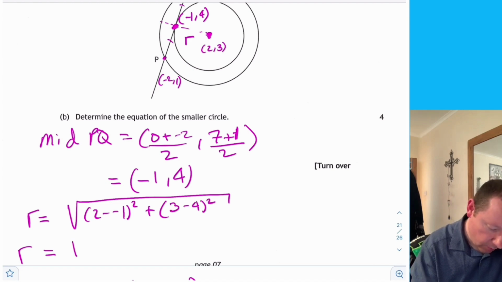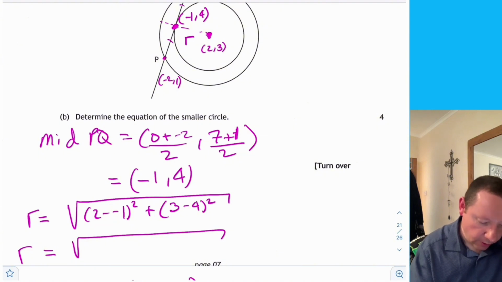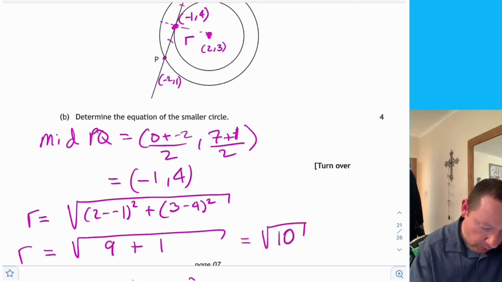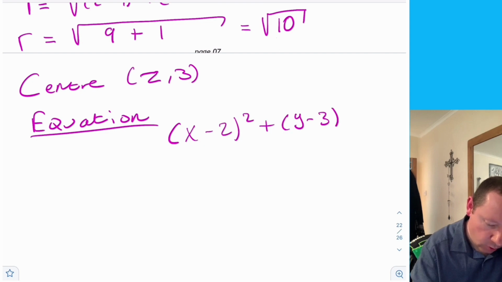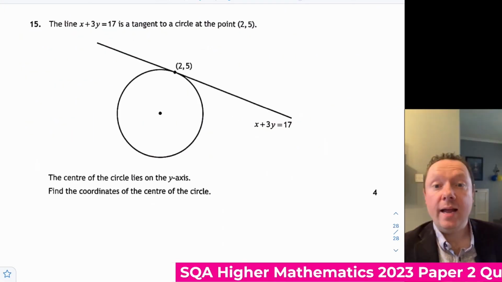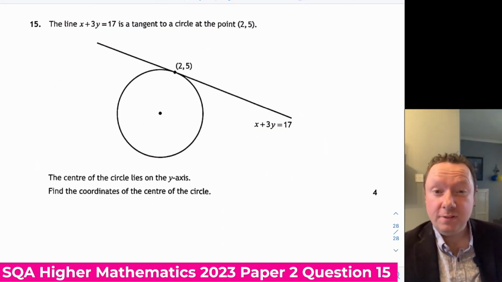That gives me the square root of 3 squared, which is 9, plus -1 squared, which is 1, giving a radius of root 10. So our equation is (x minus 2) squared plus (y minus 3) squared equals root 10 squared, which is 10.